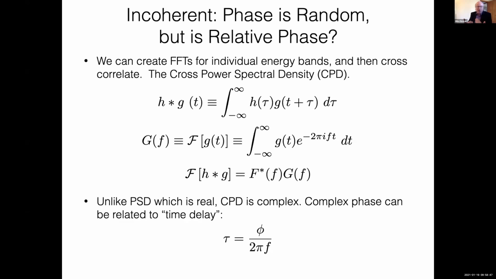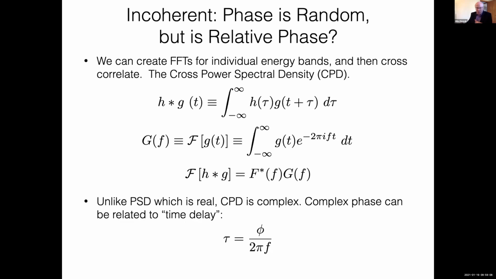I have an average amplitude, and I also have a phase between the two. So the question is, this phase between these two incoherent light curves, does that have a characteristic relationship that's well measurable? And the answer is yes.